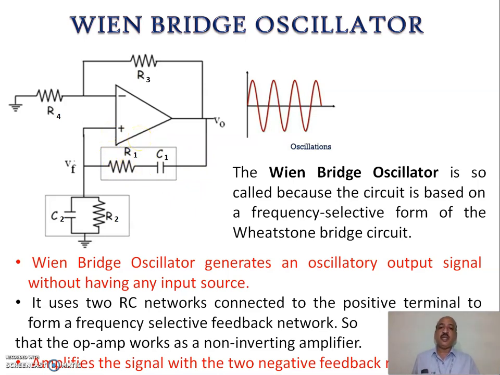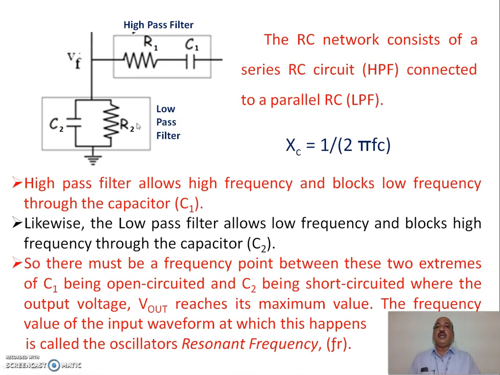the operational amplifier works as a non-inverting amplifier. It amplifies the signal with two negative feedback resistors, R3 and R4. Here are R1 and C1, R2 and C2.